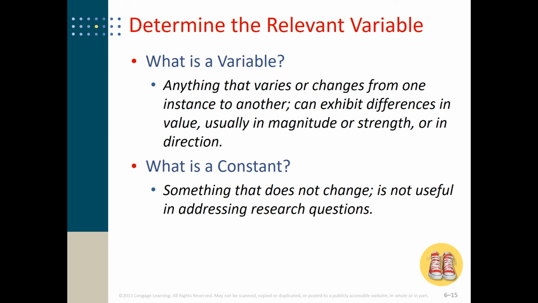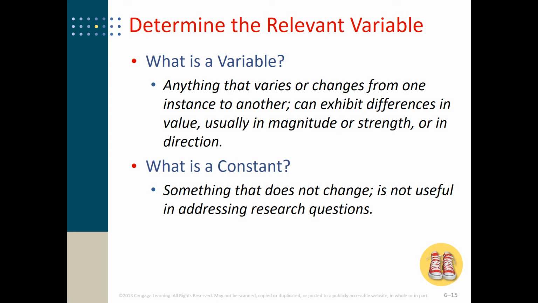Then what is a constant? A constant is something that doesn't change. It doesn't vary from context to context or person to person. The researcher is not very interested in constants because, since a constant doesn't change, it is unlikely to have any impact on the research issue.